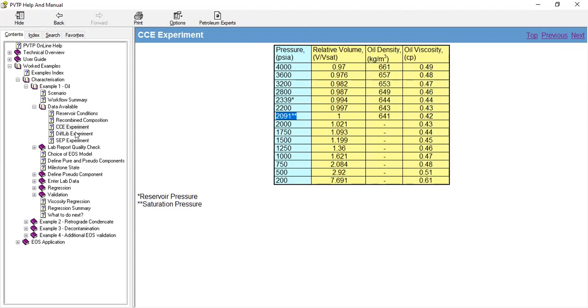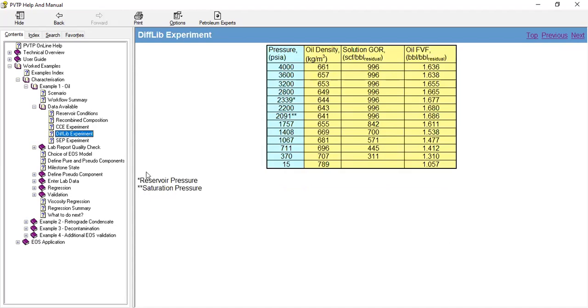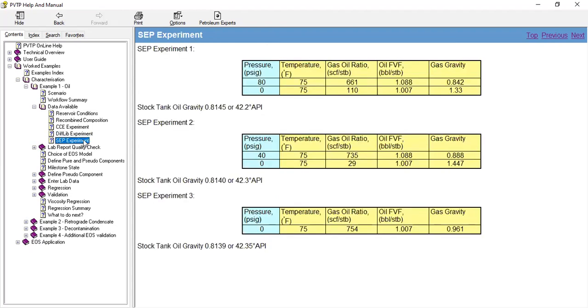Now we also have differential liberation experiment data. In this case, we have pressure, oil density, solution GOR or Rs, and oil formation volume factor. And separator experiment, we have the stock tank gravity, API, and then we have separator experiment 2, separator experiment 3.